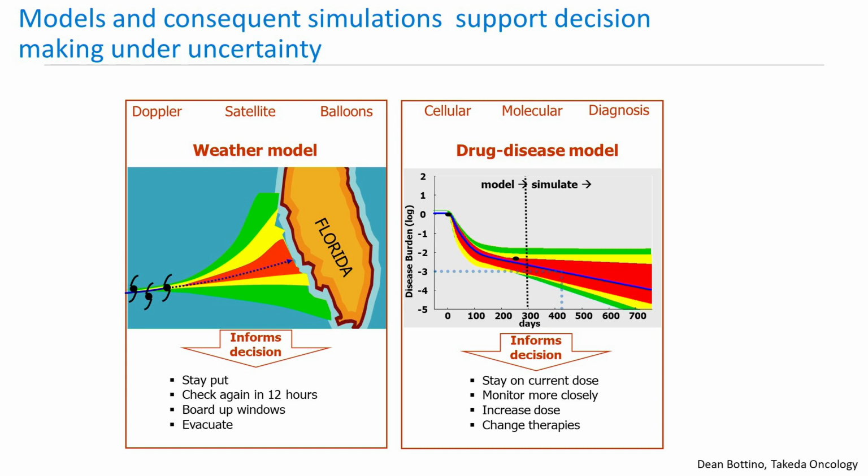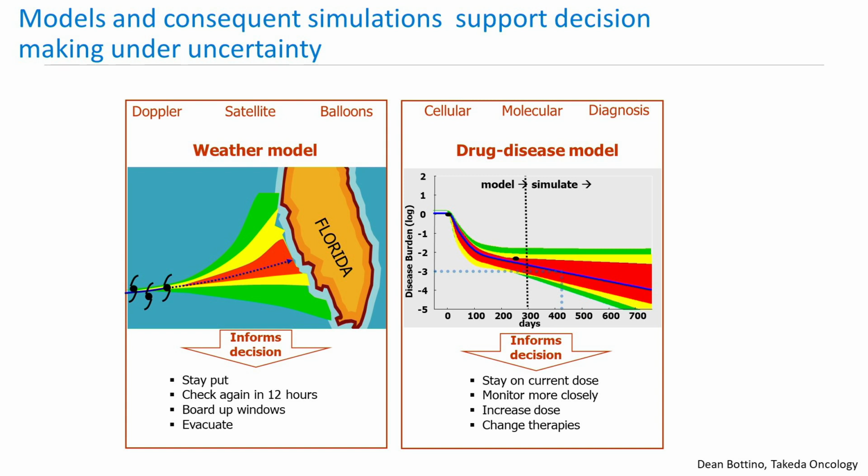And then the red, yellow, and green represent decision points for us. So if we're interested in knowing whether or not we should stay on the current dose, whether we should monitor more closely, whether we should increase the dose or we should change therapies. And all of those decisions can be made by looking at these bands of uncertainty and deciding where is your patient and how sure do we need to be.